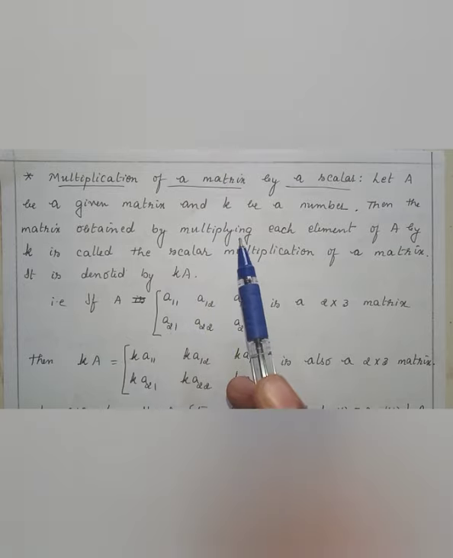That means scalar multiplication of a matrix is defined as a matrix multiplied by a scalar K, or a constant K. Each entry of the matrix is multiplied by that constant. Not only one element, you have to multiply each element of the matrix.